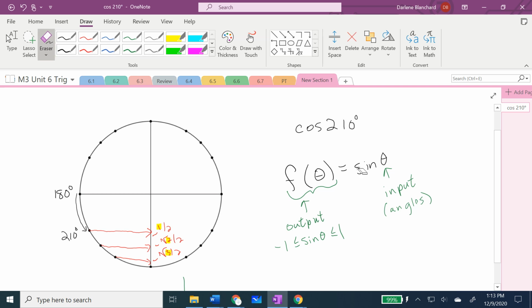Let me point out to you that cosine also has the issue that its output is between negative 1 and 1. Input are the angles. Output are just numbers between negative 1 and 1 because, again, cosine is adjacent over hypotenuse. Hypotenuse has to be a larger side than the legs. So when you have adjacent over hypotenuse, you're getting something between 0 and 1.